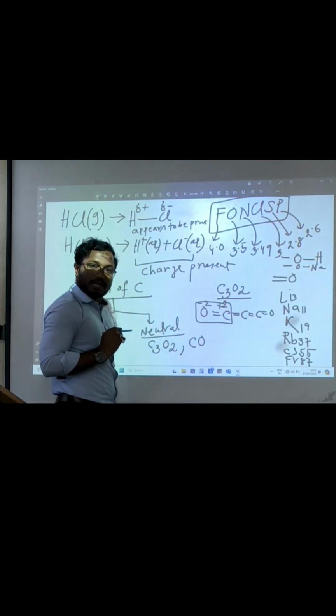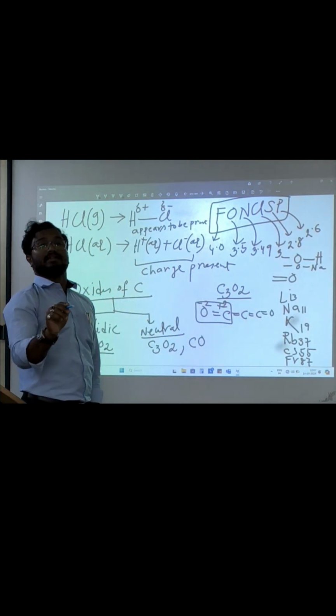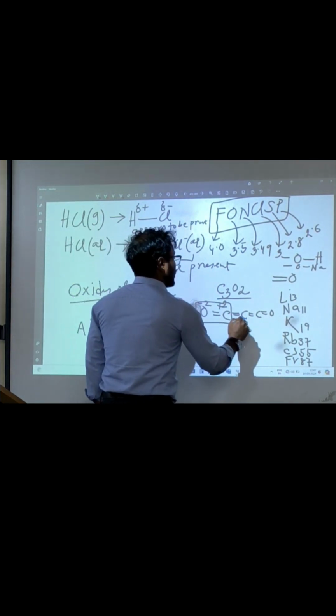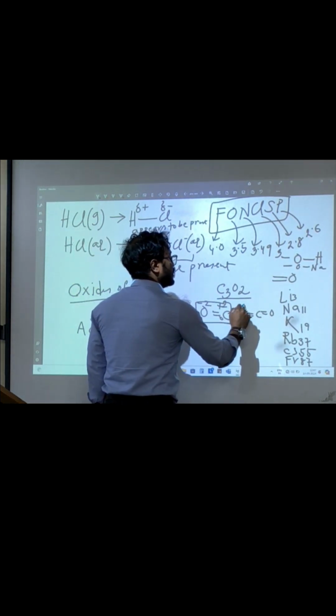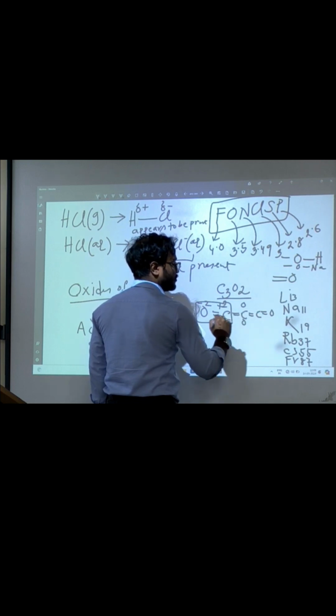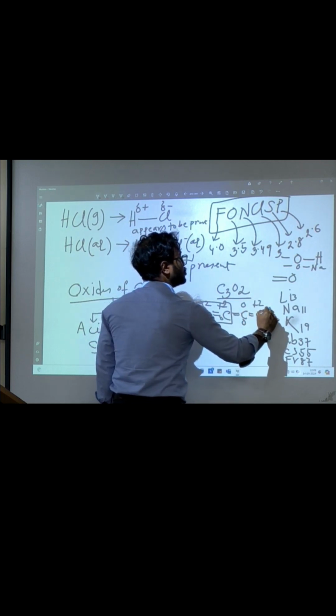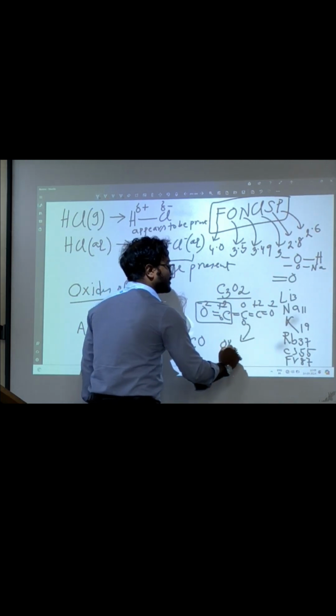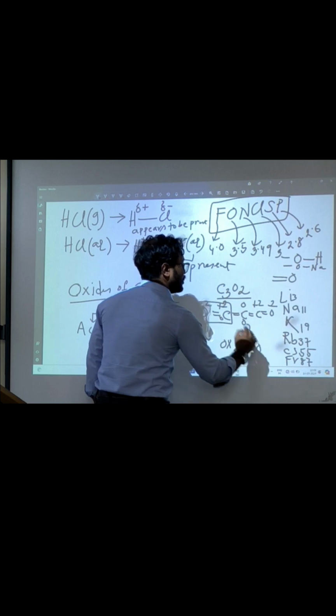This carbon is also connected, but it is the same atom. With the same atom, there is no change in electronegativity. So we get 0 for this, and this carbon also gets 0. This is plus 2, this is minus 2. So for the central carbon atom, oxidation state is equal to 0.